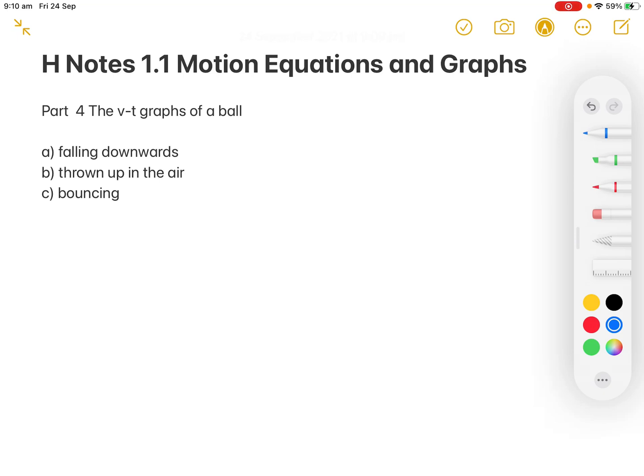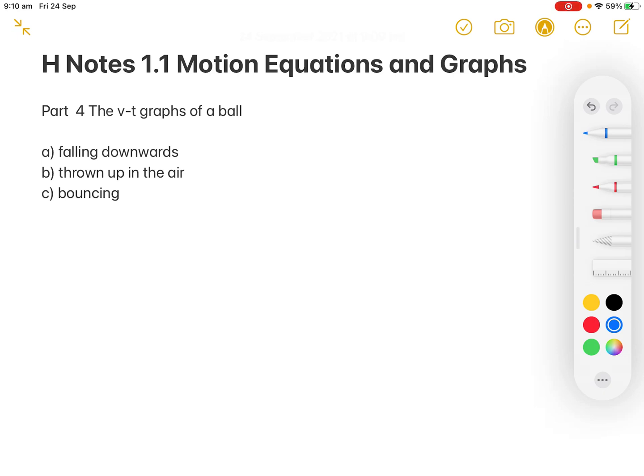This is part 4, where we're going to look at the velocity time graphs of a ball undergoing 3 different motions. A, it will be falling downwards, just dropped and then landing. B, thrown up in the air, so that it will go up, reach its highest point and come back down again.